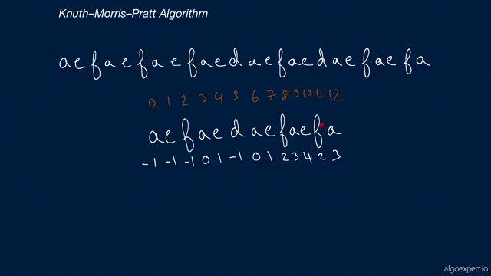And then here, this F, let me circle it, right? This F, so we have AEF, AE, which is at the beginning here, but then this F here is not equal to D, so we can't extend this substring like this. But what we can say is, well, wait a second, when we were matching this F against this D, this E here, AE, had a pattern previously ending at index 1.